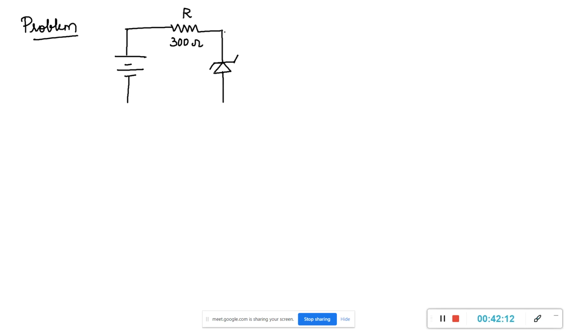What is the minimum RL that can be used?